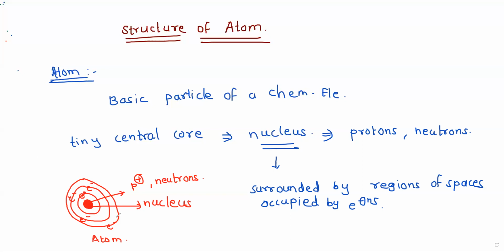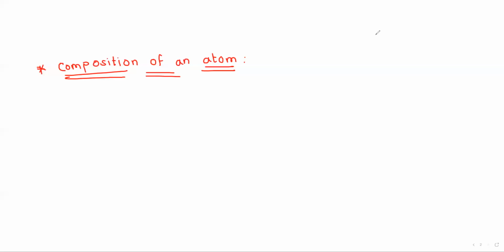Now we will go further. The next part in the structure of an atom is the composition of an atom. So let's get further. So what is the composition of an atom?